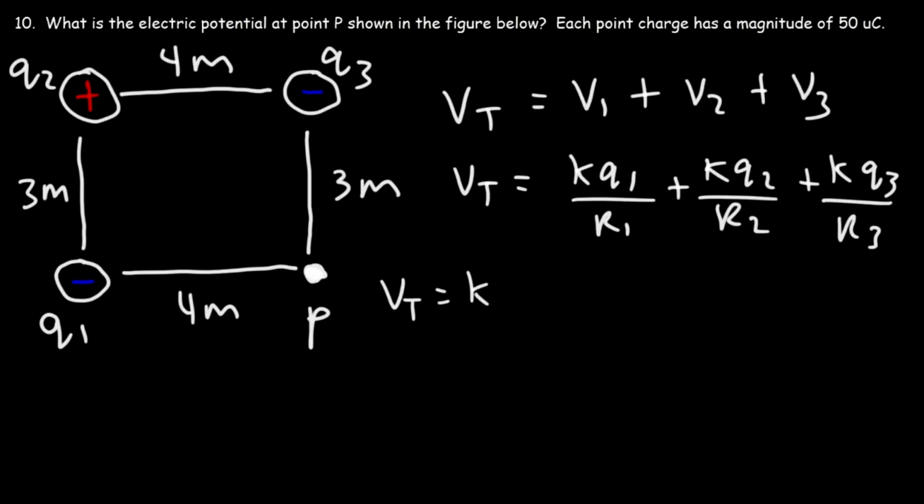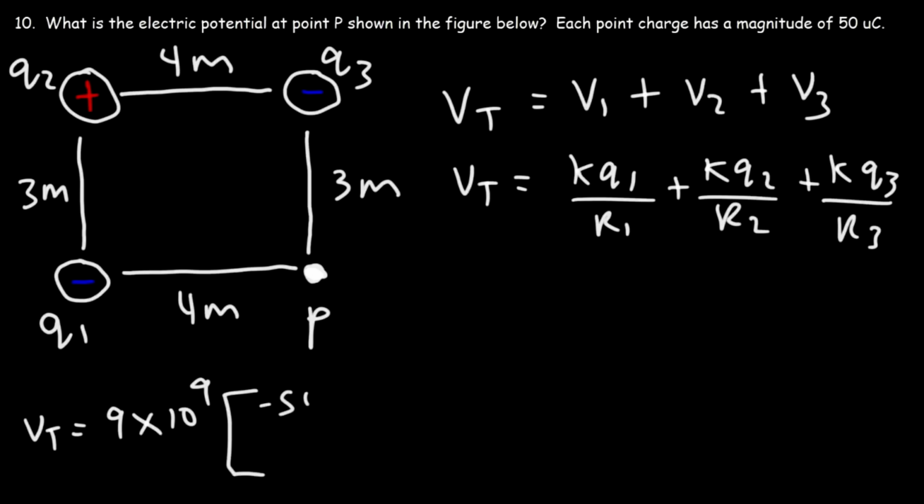But I'm going to run out of space, so I'm going to see if I can fit it in all here. So we have K, and then Q1, negative 50 times 10 to the minus 6. Now the distance between Q1 and point P is 4 meters. Now Q2, that's a positive charge, so that's going to be positive 50 times 10 to the minus 6.